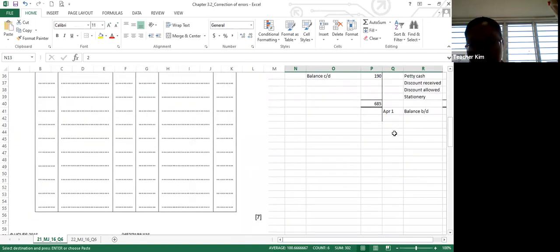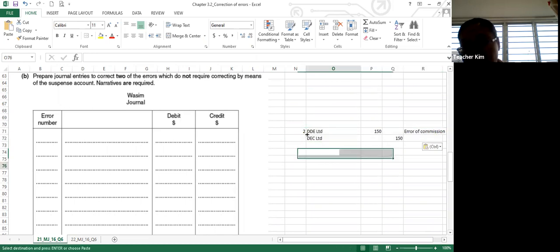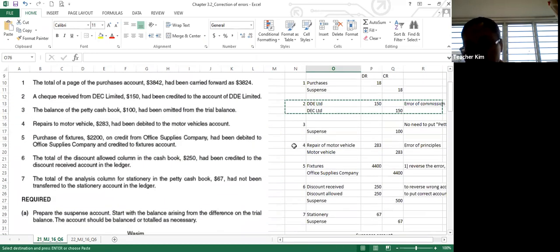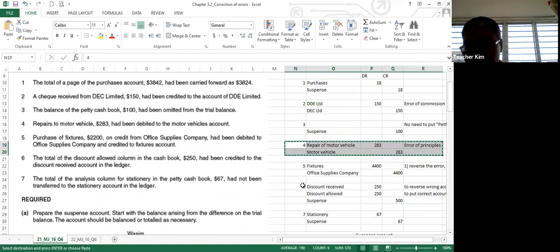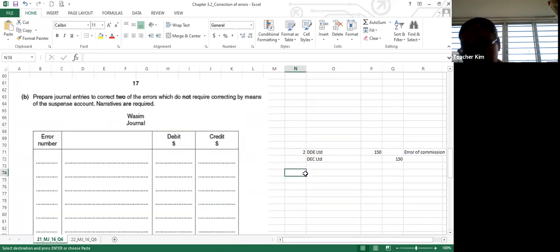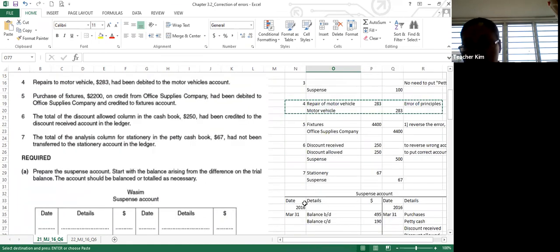This is the error that we need to use, which does not require the suspense account. And then this one, error of principle. They ask to write the narrative. So here we have 1, 2, and then what else? One more entry here.